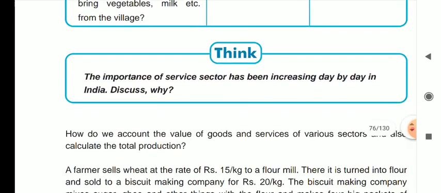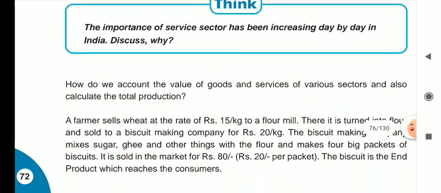Yes, students, how do we account the value of goods and services of various sectors and also calculate the total production? A farmer sells wheat at the rate of rupees 15 per kg to a flour mill.